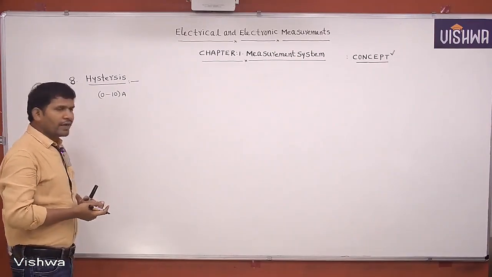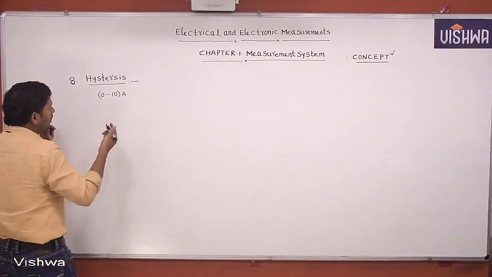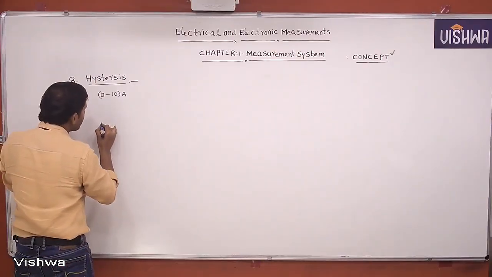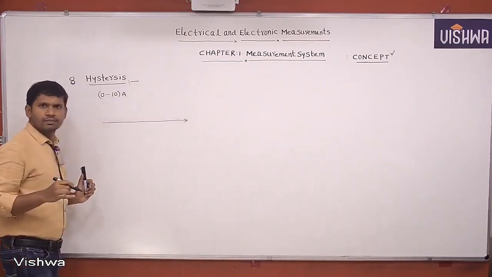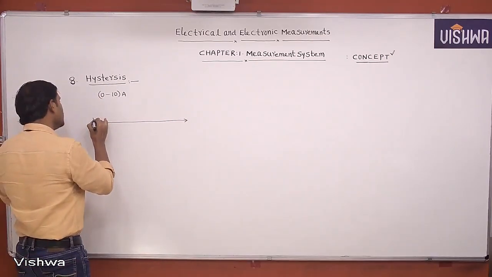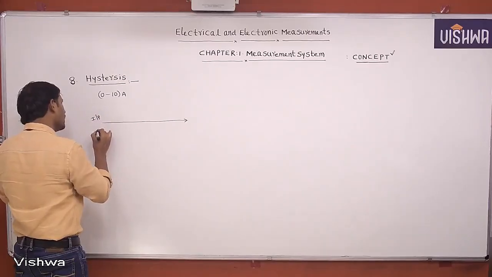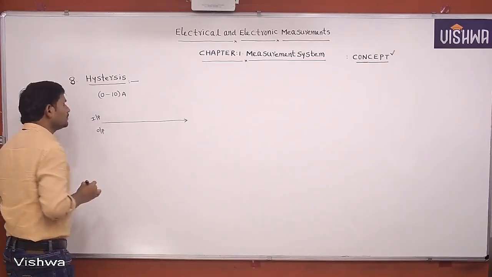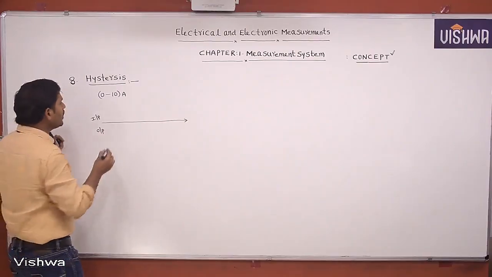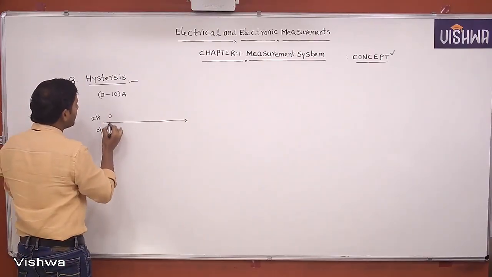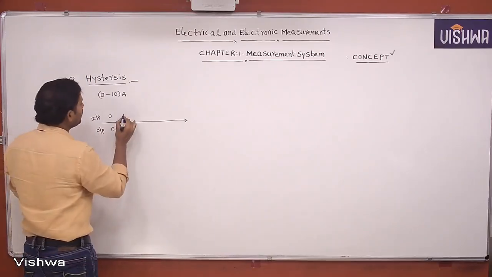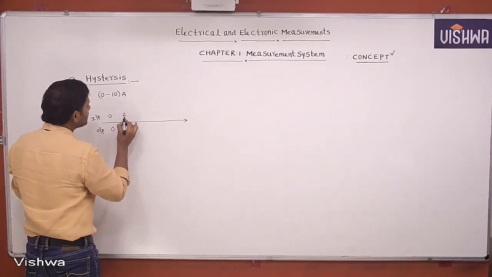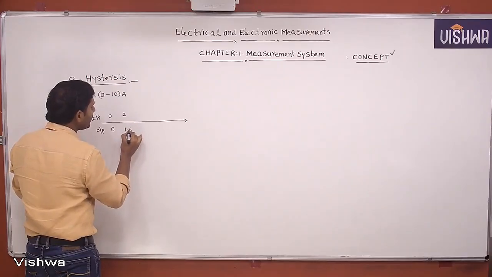For this 0 to 10 ampere ammeter, we are doing one experiment in increasing order. This is input and output. For input of 0 amperes, I am getting output of 0 ampere. For 2 amperes, I am getting 1.6 amperes.